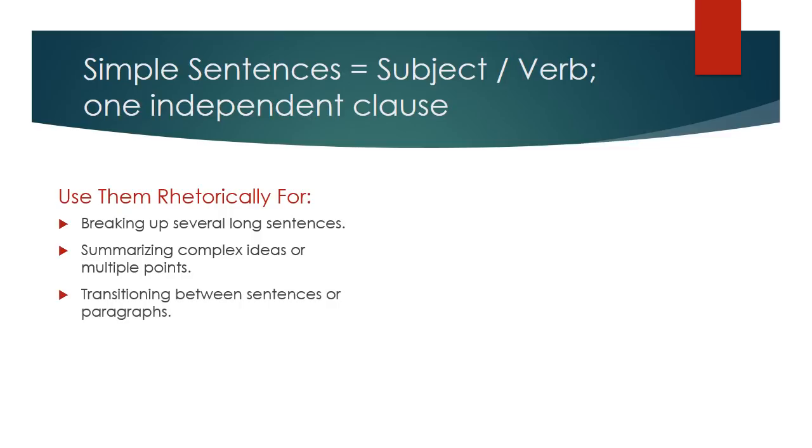The third reason that we might use a simple sentence is in order to transition between sentences or paragraphs. Sometimes we just want that one little idea that will get us from where we were to where we are going, kind of as a turn signal. And we can have longer transition sentences, but sometimes a simple, short one will work.